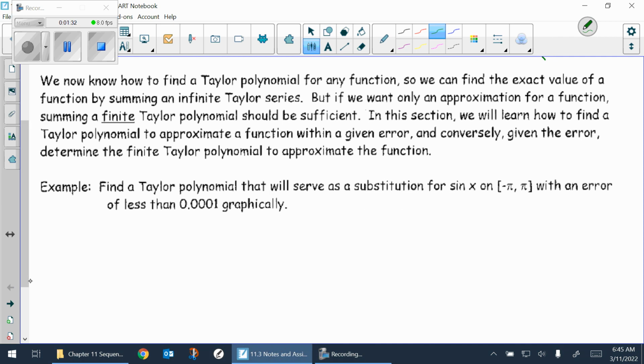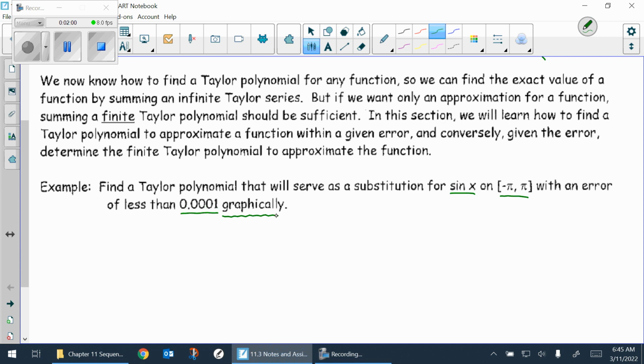In this example, it says find a Taylor polynomial that would serve as a substitute for sine x on this interval with an error that is less than 0.0001. Well, I'm not going to do it graphically.